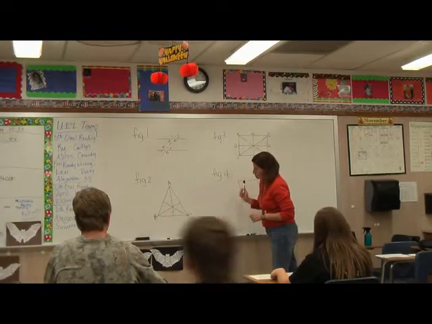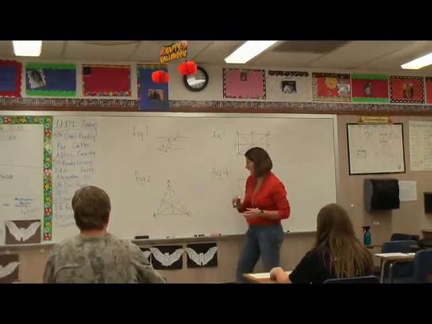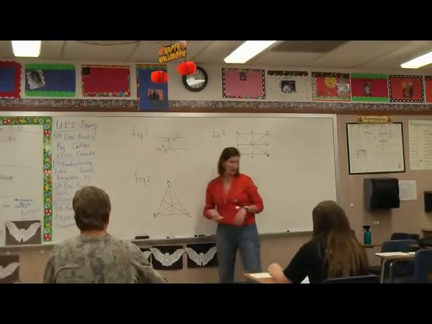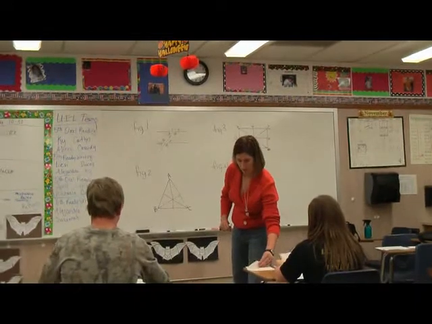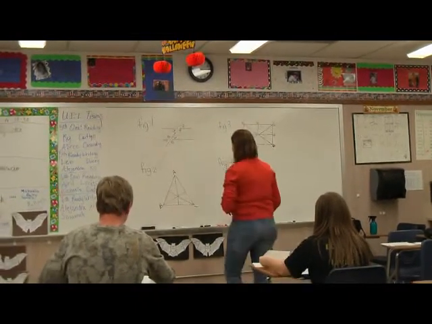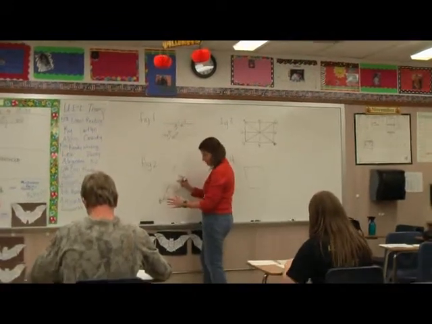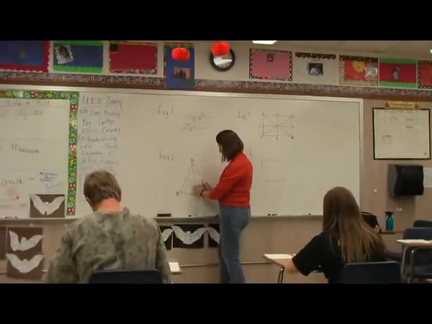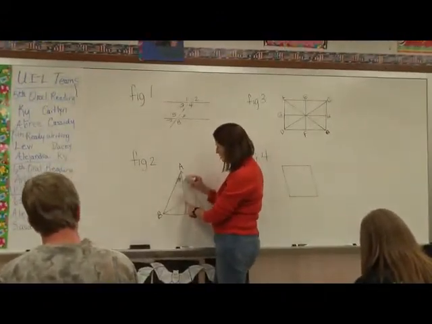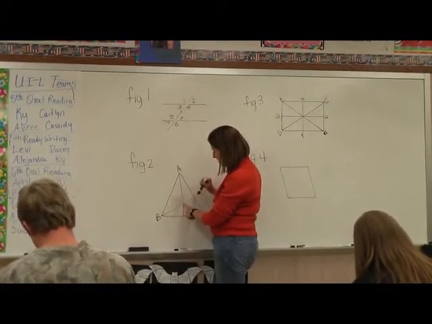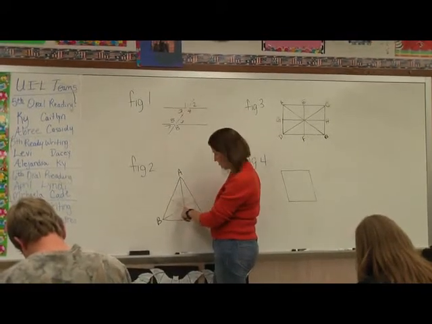All right, so first of all, we talked about rotational symmetry. You're going to take your patty paper again. Gotta get you a new sheet. And my patty paper isn't big enough for this figure, but on figure 2, I want you to trace all the outline of the triangle, label it, and then draw your lines.